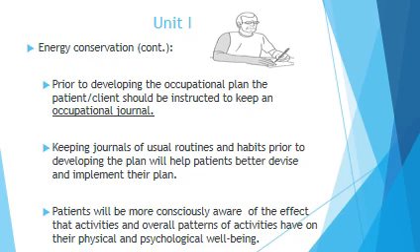Patients will be more consciously aware of the effect their activities and overall patterns of activities have on their physical and psychological well-being. This helps the patient to better learn their limits, and the therapist can certainly help them with their activities and come up with a better or easier way to perform their activities throughout the week or the month.